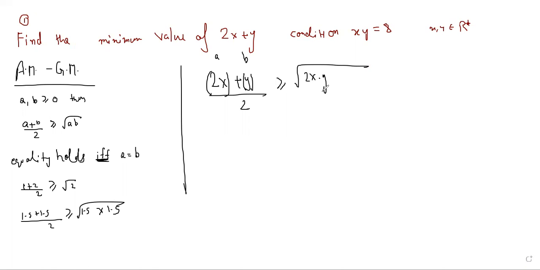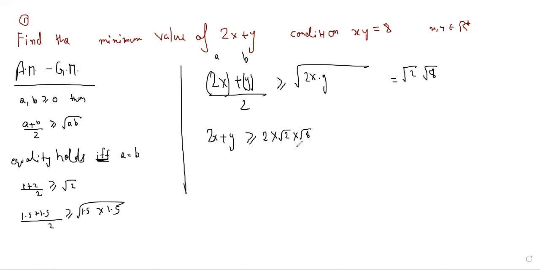Now, what can we say about the right hand side? It is square root of x and y. That's just simple calculations. But you still have to be more careful. So we get that 2x plus y is bigger than or equal to 2 times square root of 2 times 8.